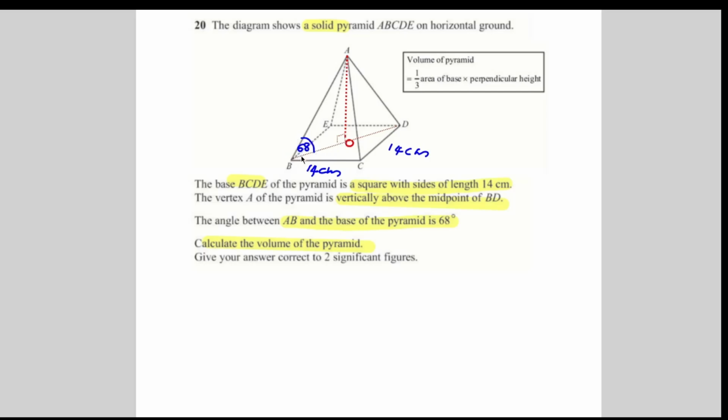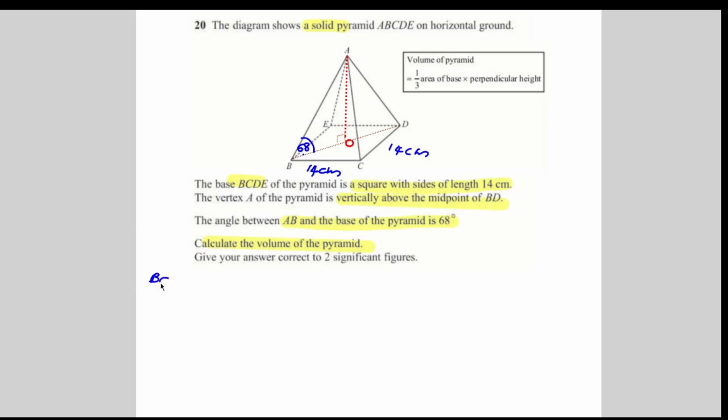Then we need to get this length. Yes, we can get this length because this base is a square. Let's get this full length first. BD.